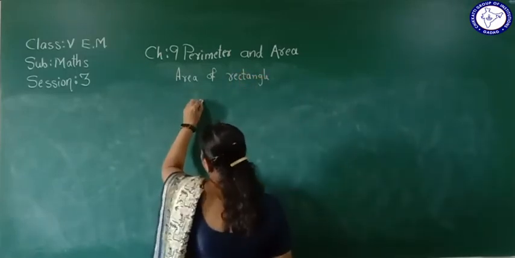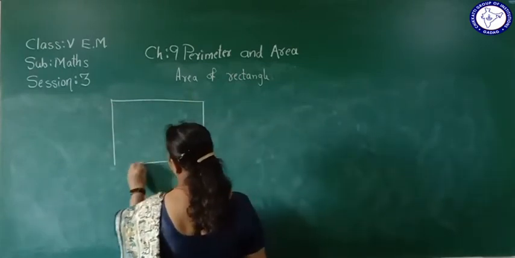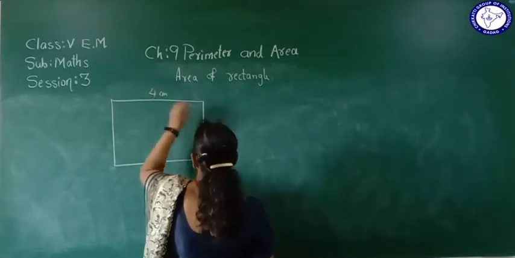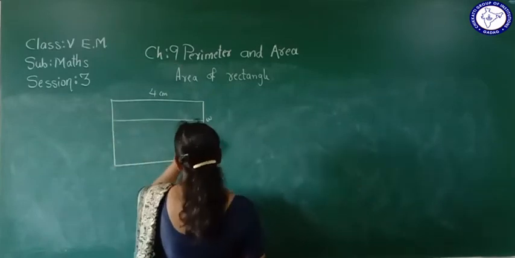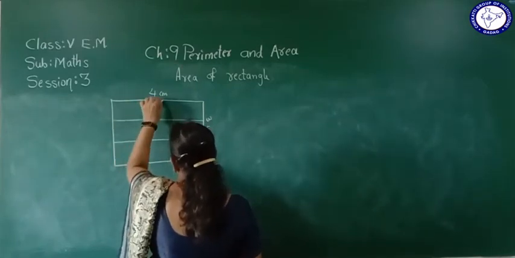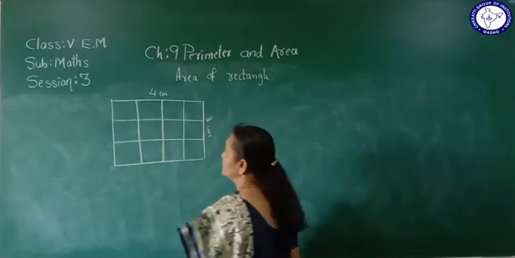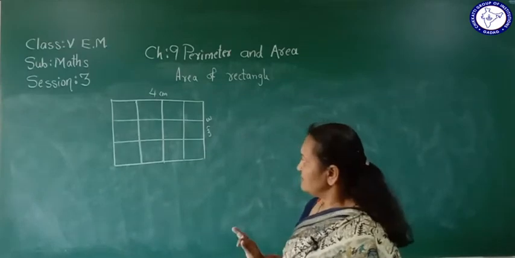Suppose here one rectangle is given whose length is 4 centimeter and breadth is 3 centimeter. Then we want to find its area. So here 1 centimeter squares are found.